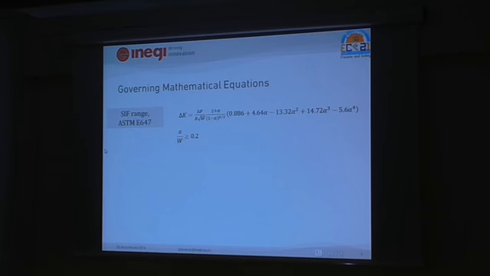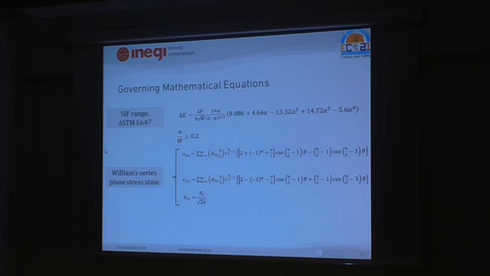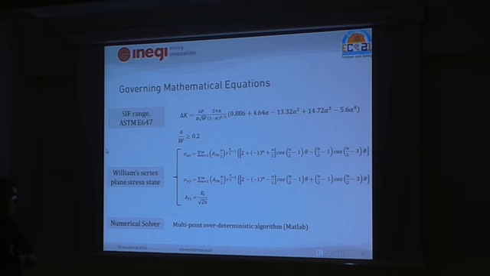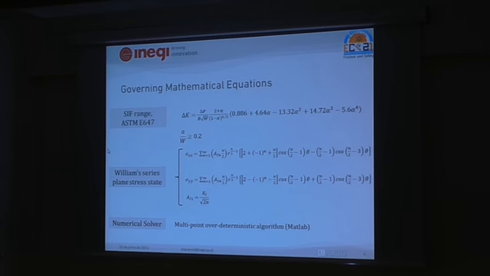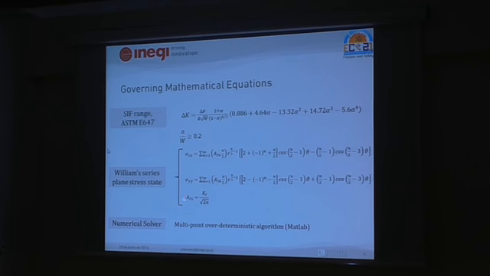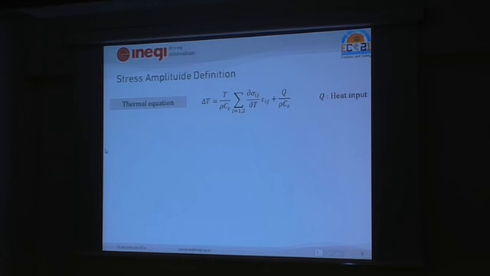So you have the calibration from the ASTM standard. You have Williams series for sigma X and sigma Y, and we're using a multi-point over-deterministic algorithm implemented in MATLAB to calculate sigma X plus sigma Y, which is from TSA.